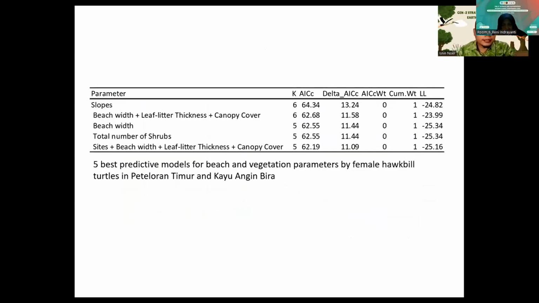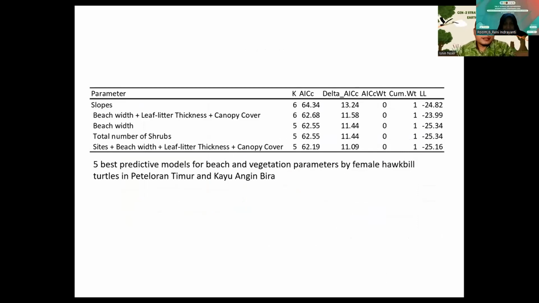And based on the 5 predictive models, which have delta IC values more than 7, indicating excellent model performance, the strongly supported predictor variable appears in 3 of the 5 models evaluated.